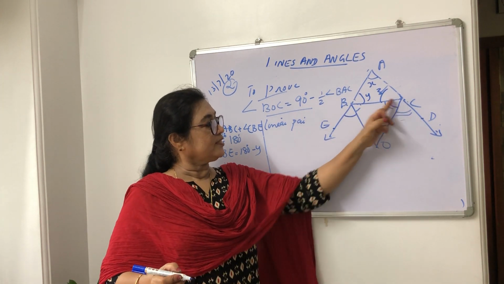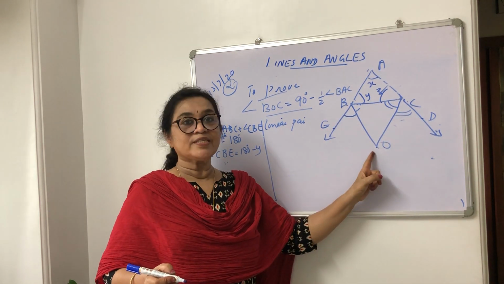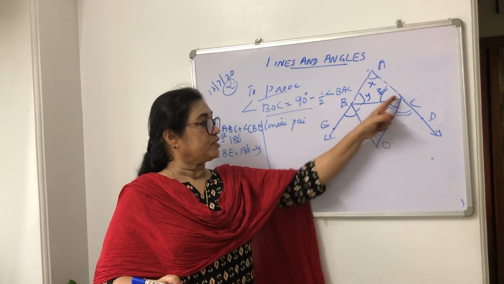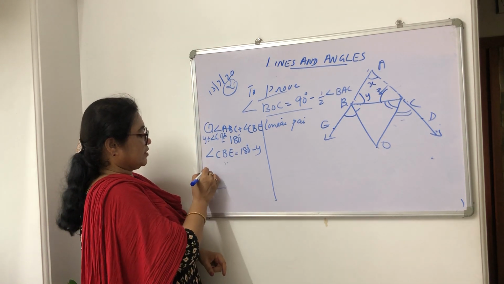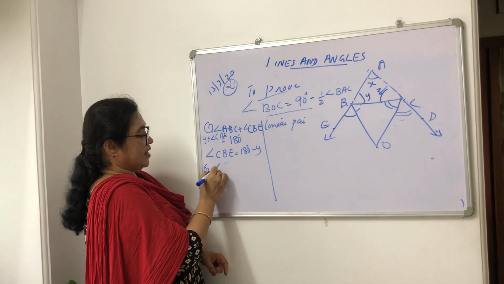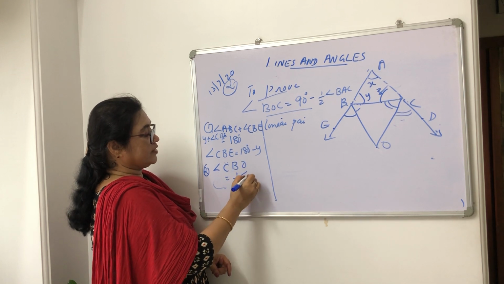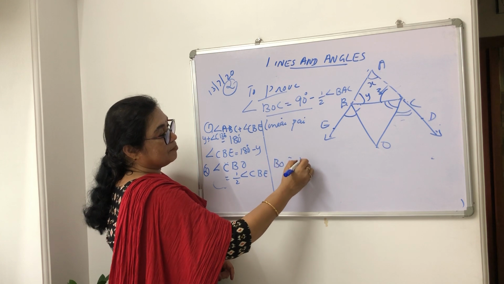So you know that CBO is half of CBE because BO is the bisector of angle CBE. Second, angle CBO is half of angle CBE. Why? BO is the bisector.